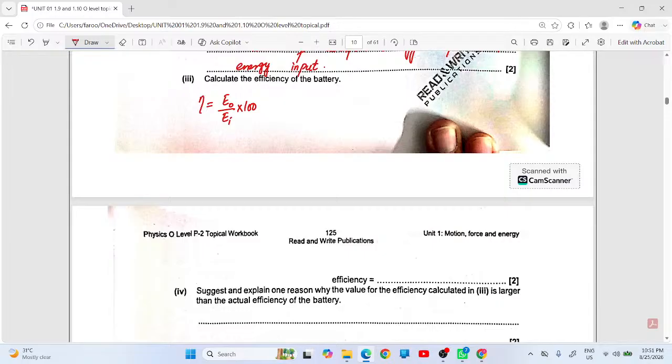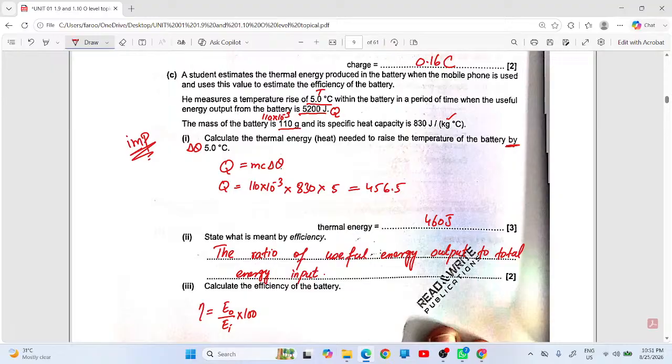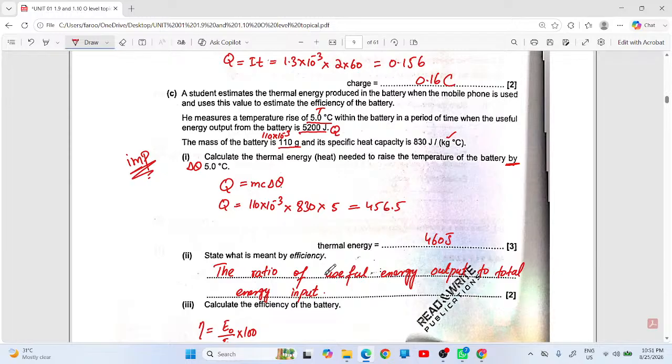Now input energy is, sorry, output energy is... calculate the thermal energy needed to raise the temperature of the battery. इसमें अब जरा चेक करें.